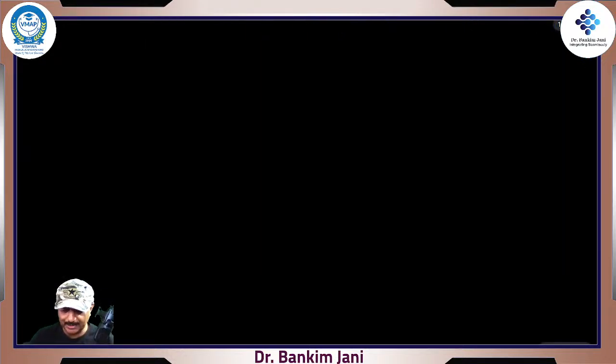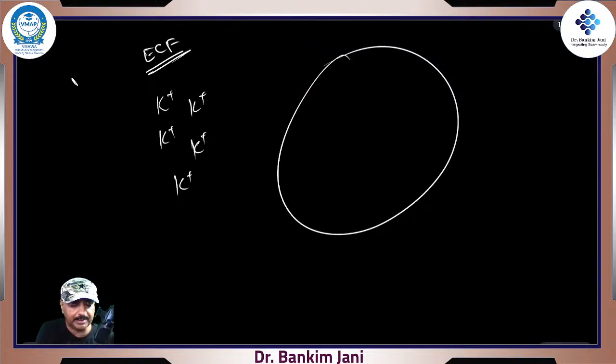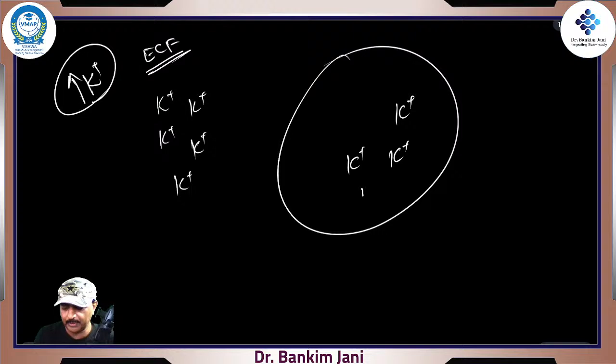Here I am drawing a cell, and this is the ECF, because we are experiencing hyperkalemia, so there is so much potassium outside. What would really happen to the cell condition? Will it be more electronegative or more electropositive?